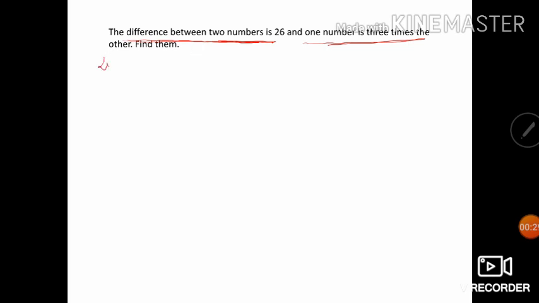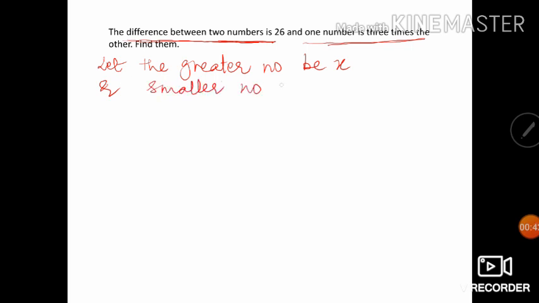So let the greater number be x and smaller number be y. So x minus y, bigger number minus smaller number, is equal to 26. That is your first equation.